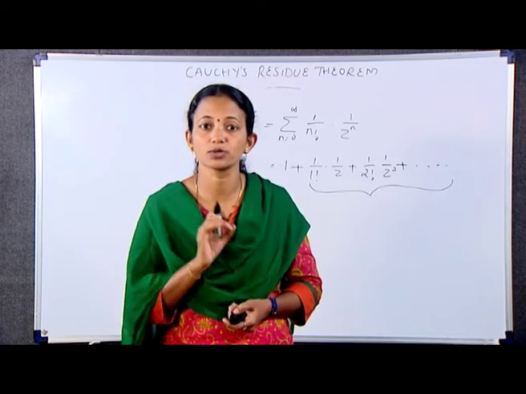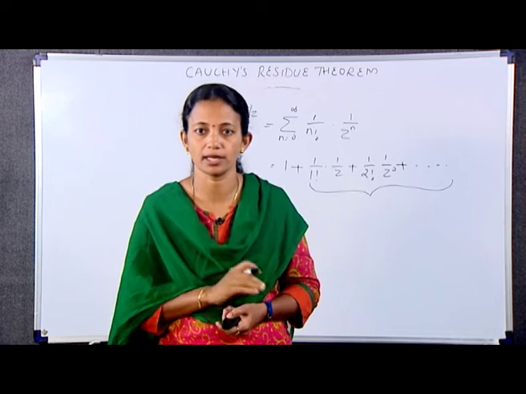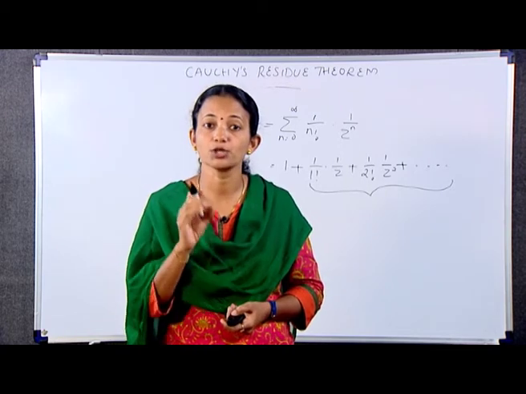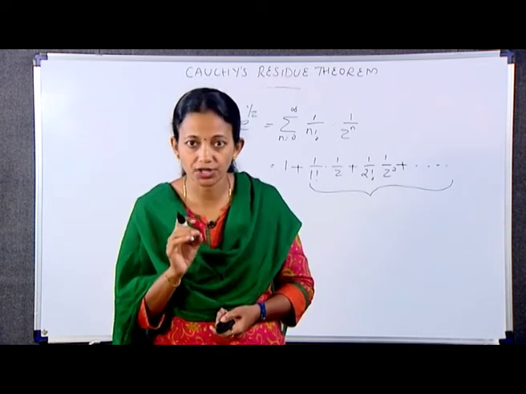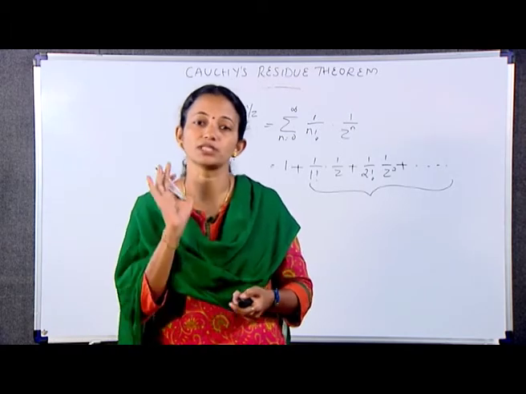Hence, z is equal to 0 is an essential singularity. Also, the residue B1 is the coefficient 1 by 1 factorial, which is equal to 1 itself.